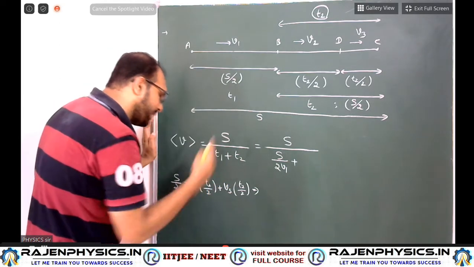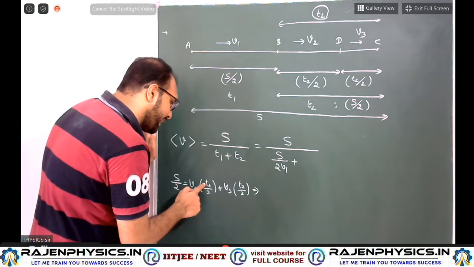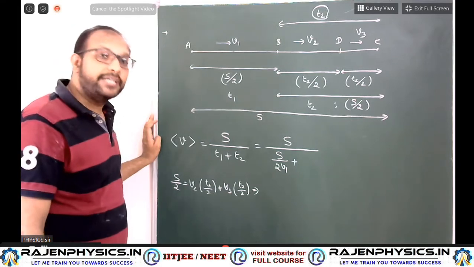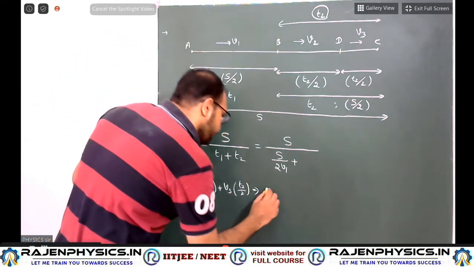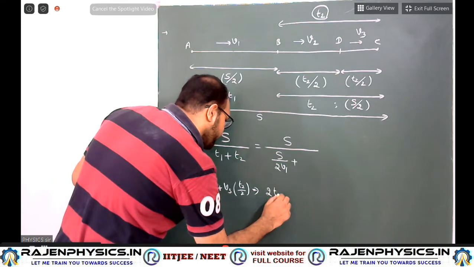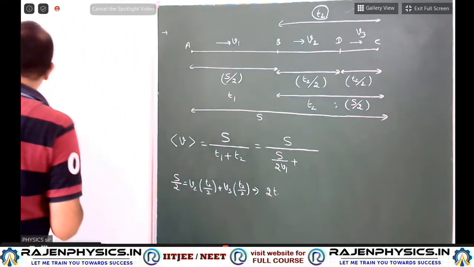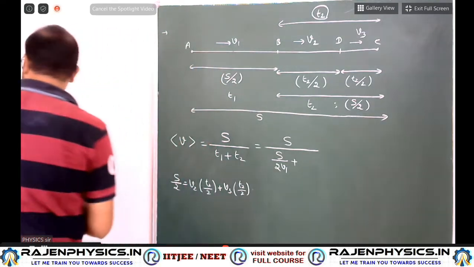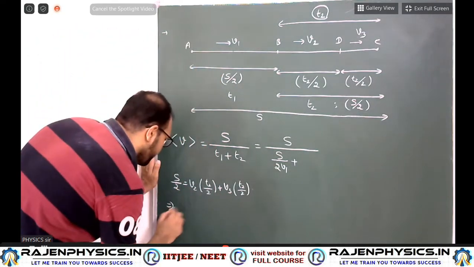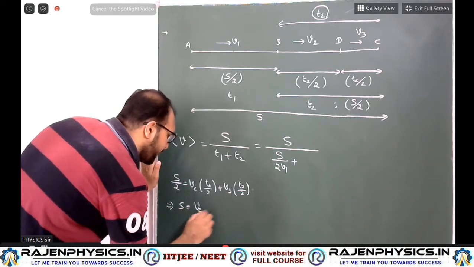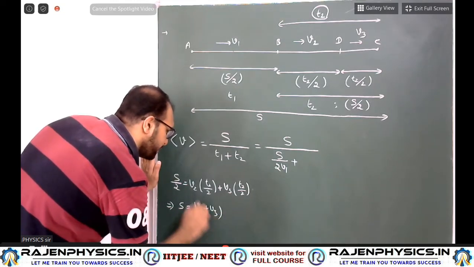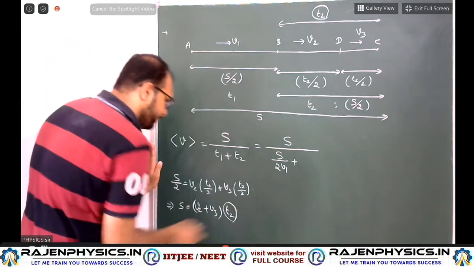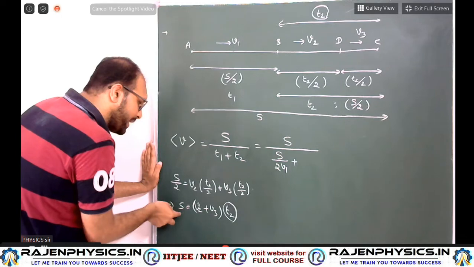Now take T2 common: S equals V2 plus V3 into T2. So T2 equals S by V2 plus V3.